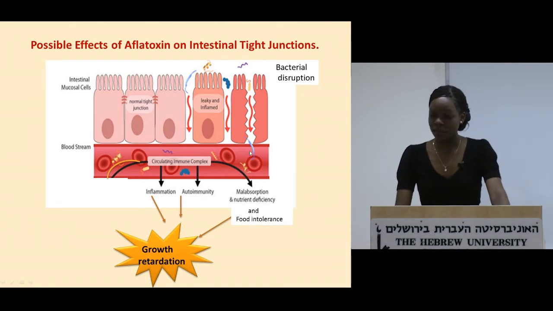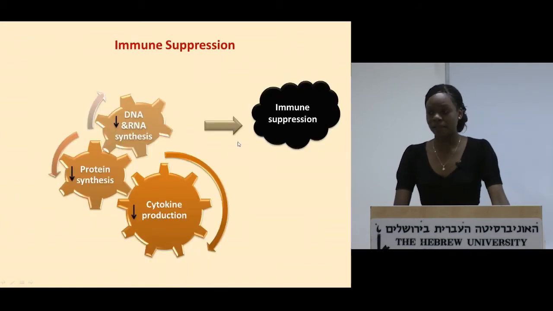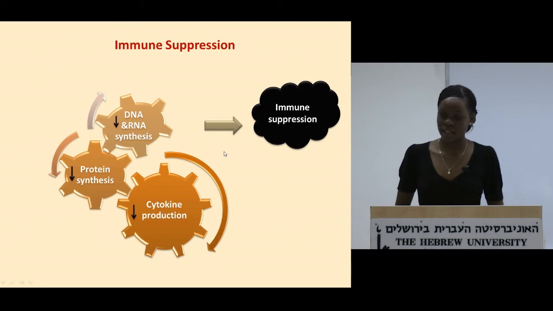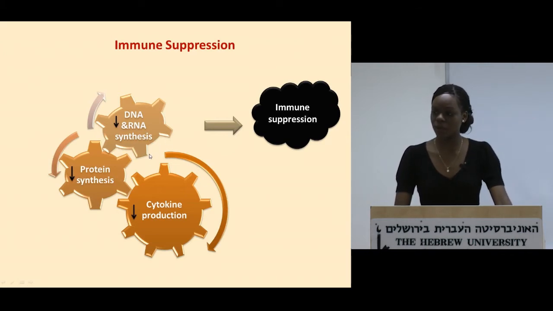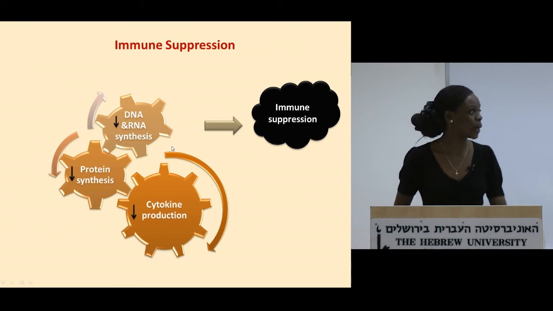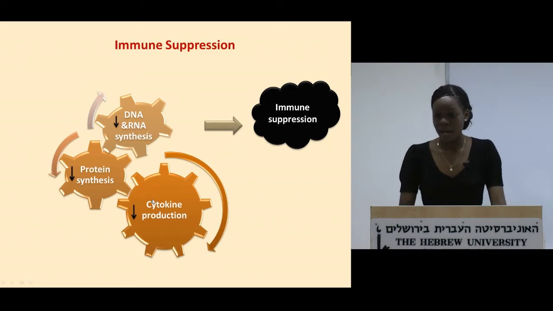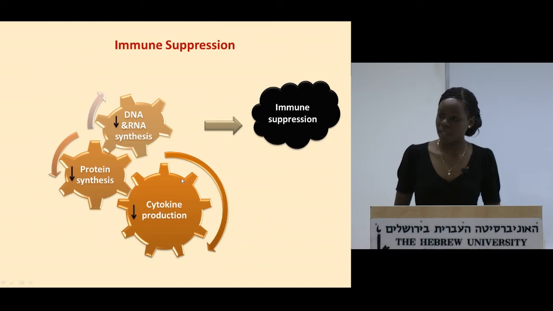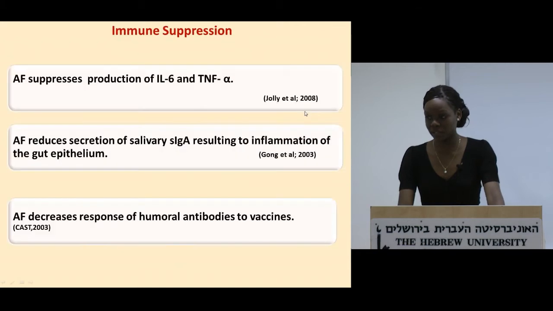For immune suppression, once protein synthesis is downregulated by aflatoxins, the mRNAs responsible for coding the cytokines are also downregulated, and therefore we have a decrease in cytokine production. This in total leads to immune suppression. It is noted that aflatoxin suppresses production of interleukin-6 and tumor necrosis factor alpha.